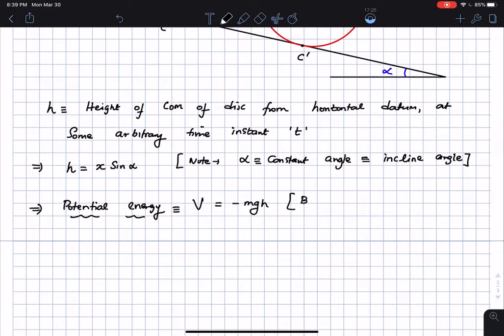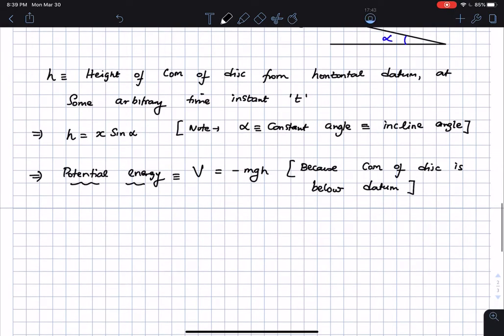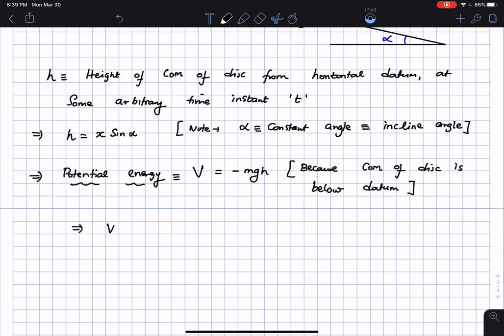This is because the center of mass of the disk is below the datum at that arbitrary point in time. So V is minus m times g times h, which is x times sine alpha.